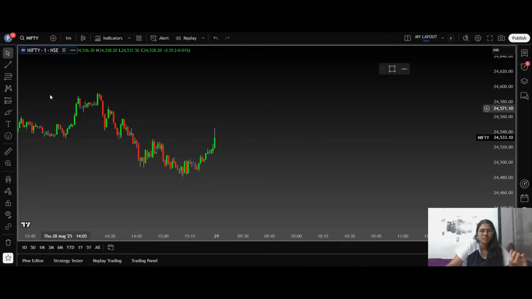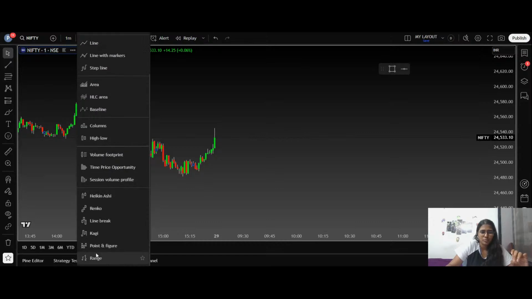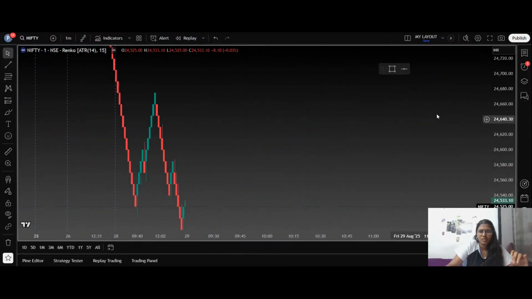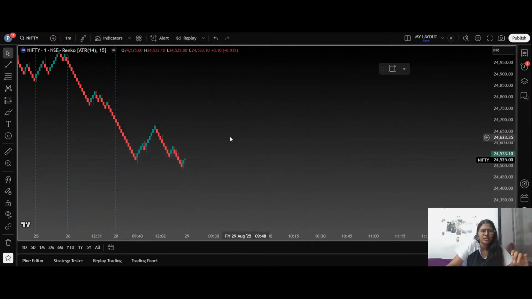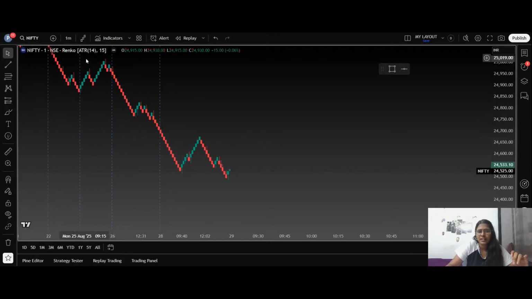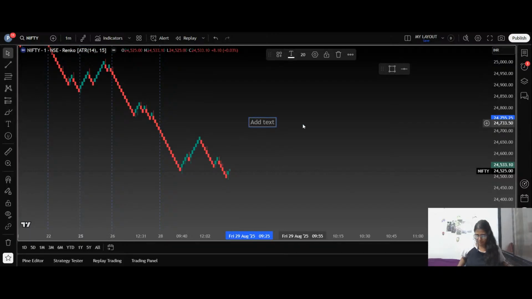Suppose this is my Renko candle. Here you can see the ATR is 14, and it's 15. Suppose the size of my Renko brick is 14.